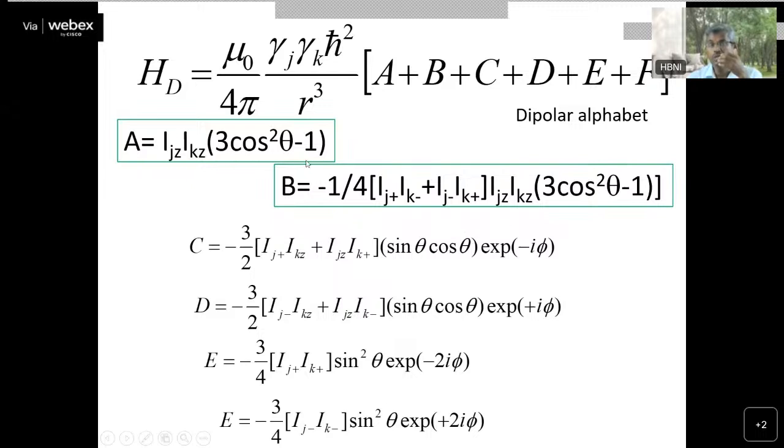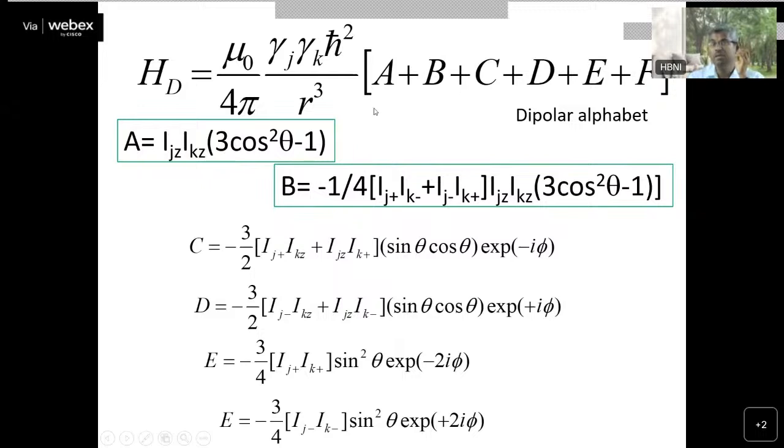If you see, these two terms, A and B, contribute more to this HD. C, D, and E contribute to a lesser extent. Of course, they contribute to the relaxation phenomena, but A and B contribute to the line shape. That is why we explain the A and B terms in detail.